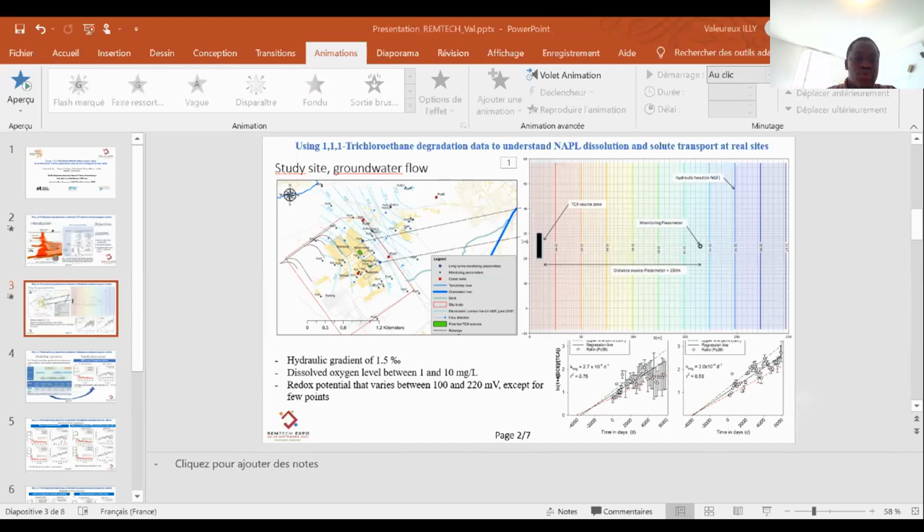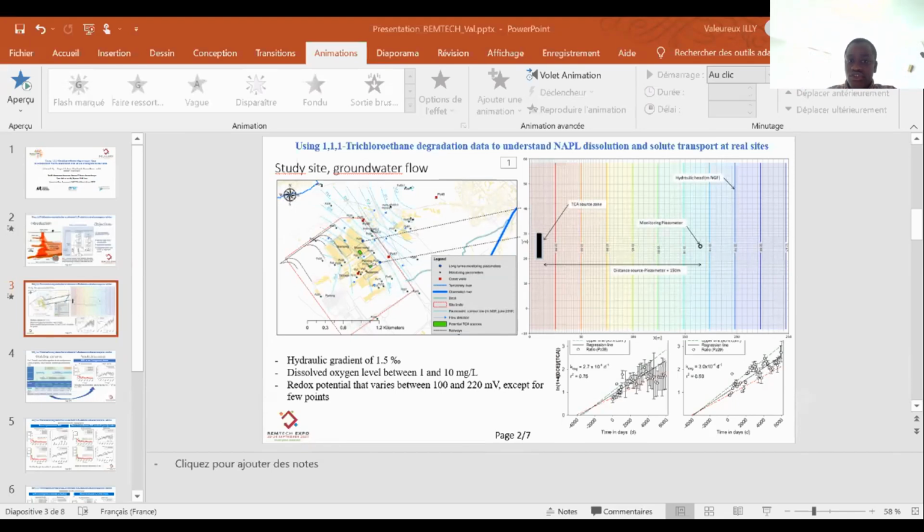We do not really know the exact location of the sources, but it's relatively well known. So the model is going to suppose that the distance between the piezometer and the sources is about 150 meters.